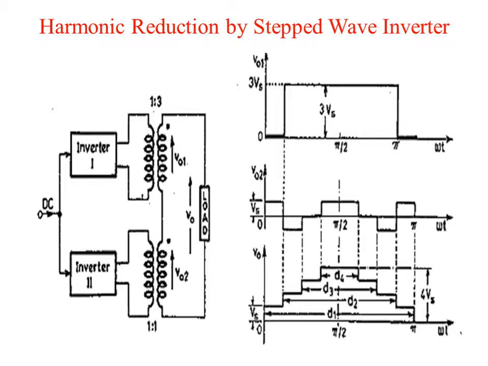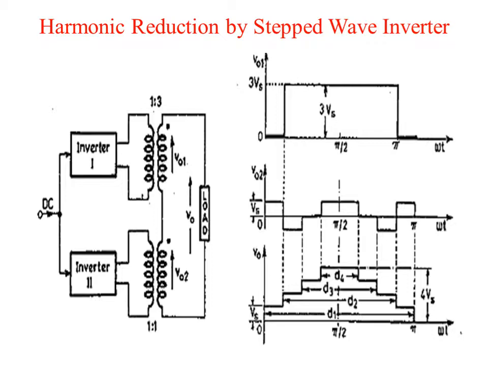Figure A illustrates a two-step wave inverter fed from a common DC supply. The two transformers used have different turn ratios from primary to secondary. In this figure, the turn ratio of primary to secondary is assumed 3 for transformer 1 and unity for transformer 2.